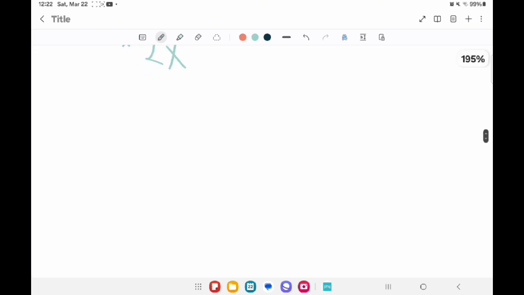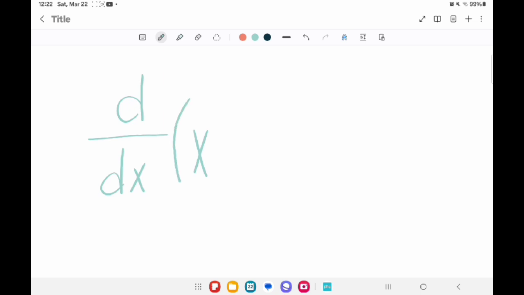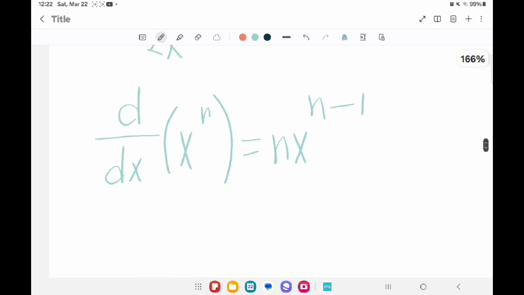We need to use the power rule. So what is the power rule? The power rule is d over dx of x to the power of n equals n x to the power of n minus 1. It's like what we did in the first example.